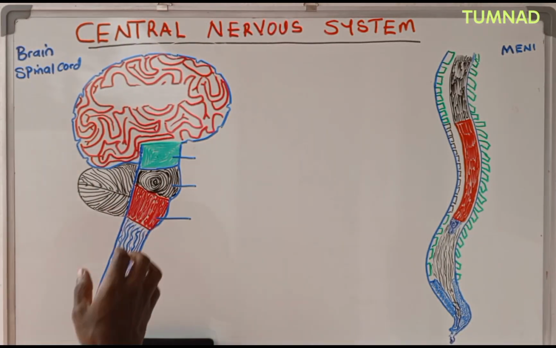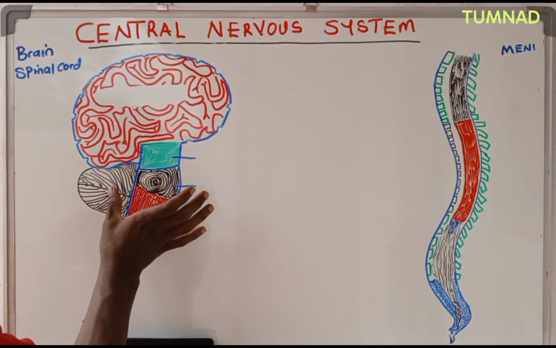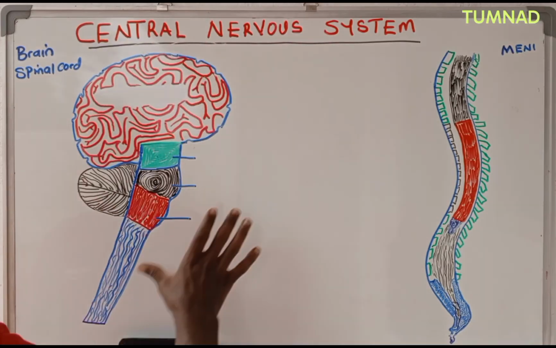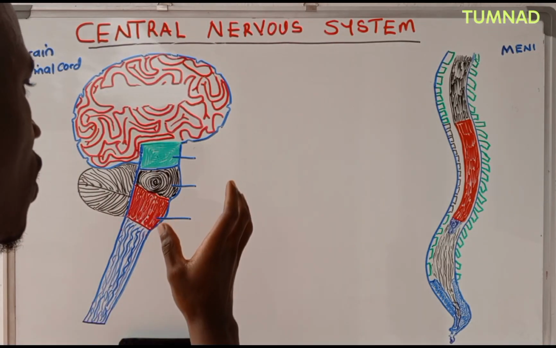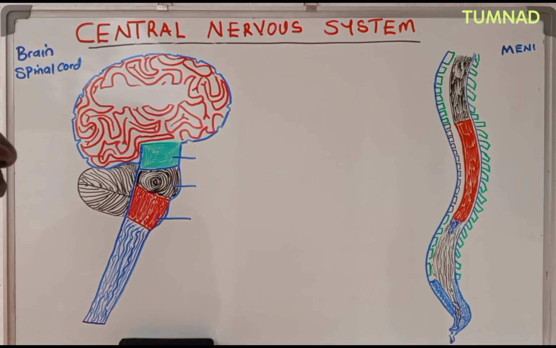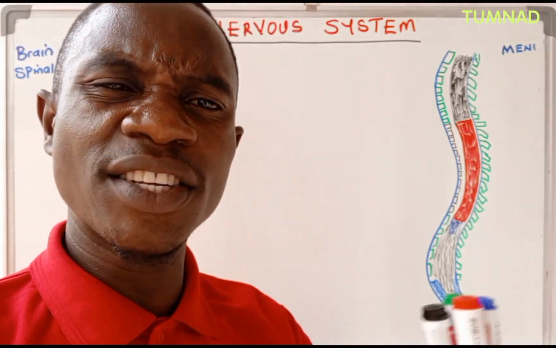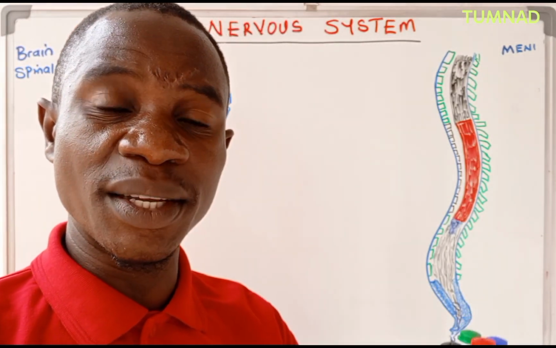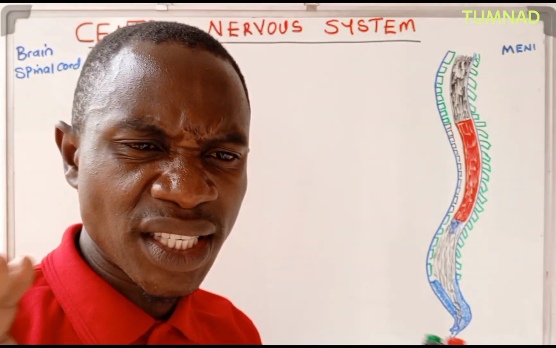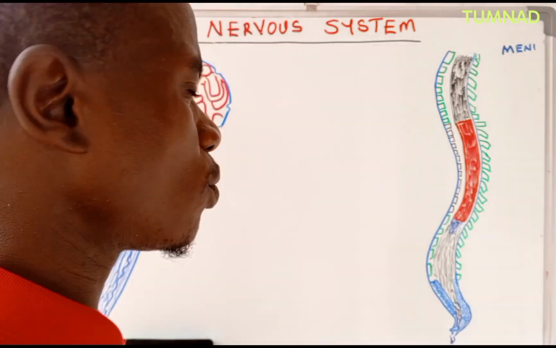The whole of this structure you are seeing is the central nervous system, consisting of the brain and the spinal cord. So we are going to first understand the different structures that make up the central nervous system individually, and we see some of the anatomical areas on these parts.